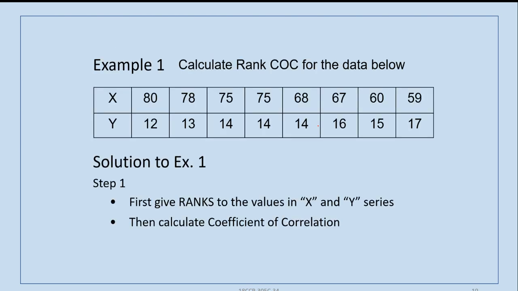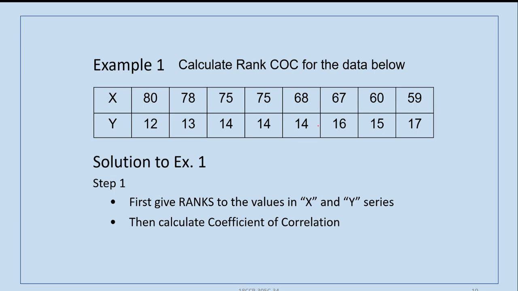Calculate the rank correlation coefficient for the data below. So we have some data here. X is 80, 78, 75, 75, 68, 67, 60, 59, and Y is 12, 13, 14, 14, 14, 16, 15, 17.